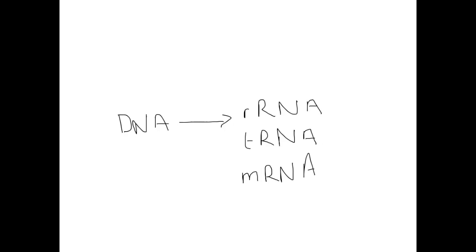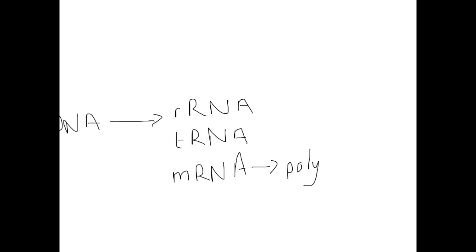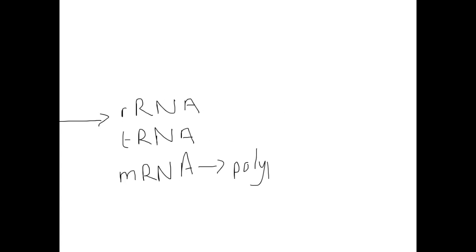and that mRNA is transcribed from DNA, from a gene which is complementary, and that mRNA will then go on to code a polypeptide. And that polypeptide is then going to undergo its secondary structure, tertiary structure, and possibly a quaternary structure, and then that will lead to a protein.